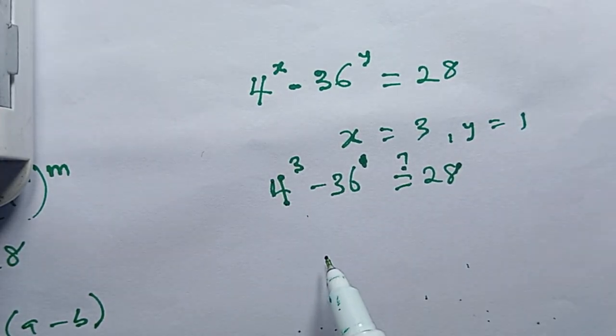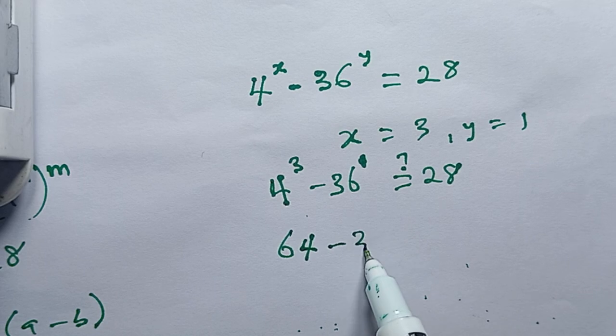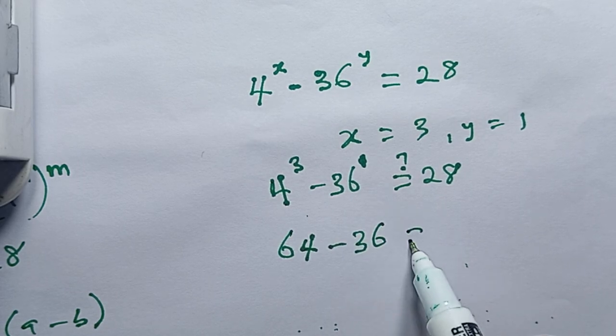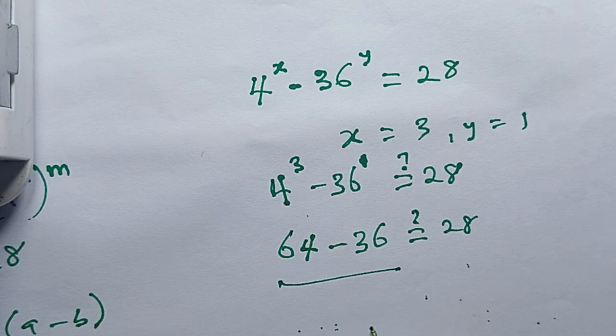Okay, so 4 power 3 is the same as 64. Minus 36, will this be equal to 28? And of course when you do this subtraction, this is basically equal to 28. So that is how you solve problems like this.